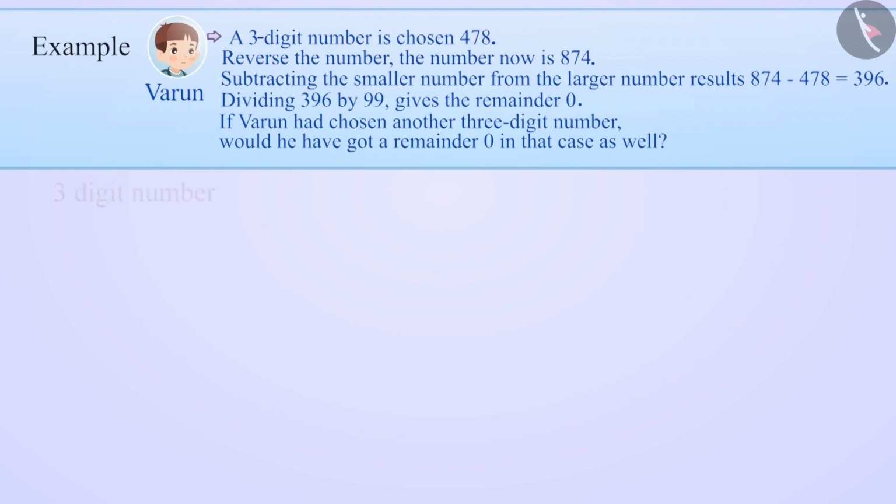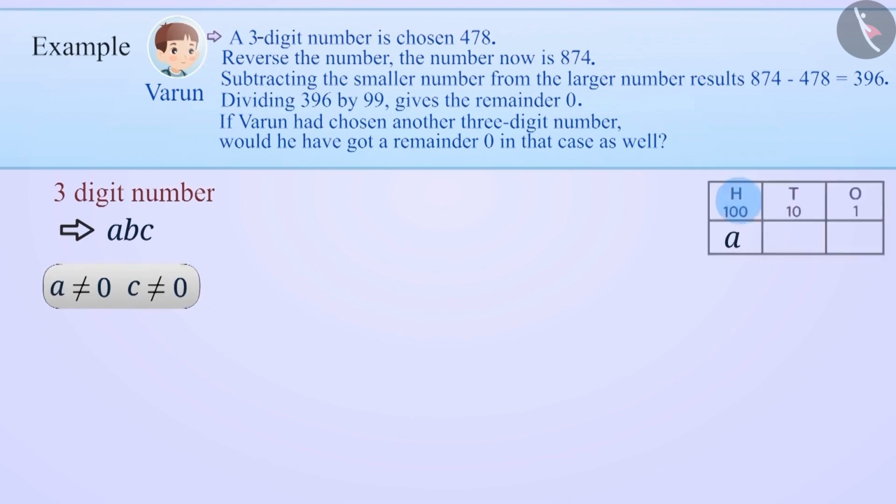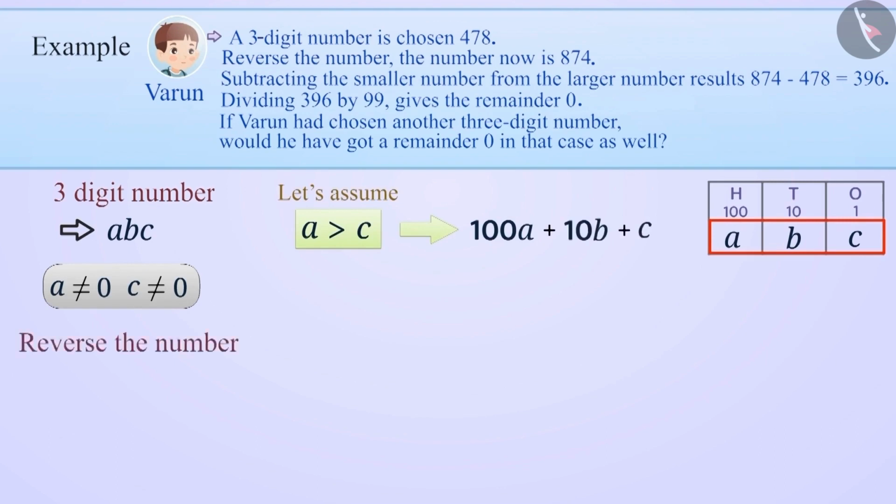Let us represent a 3-digit number with ABC, in which A is the digit in hundreds place, B in the tens place, and C in the units place. We will assume that A is greater than C. This number can be written as 100A plus 10B plus C. If we reverse the digits, we get the number CBA.